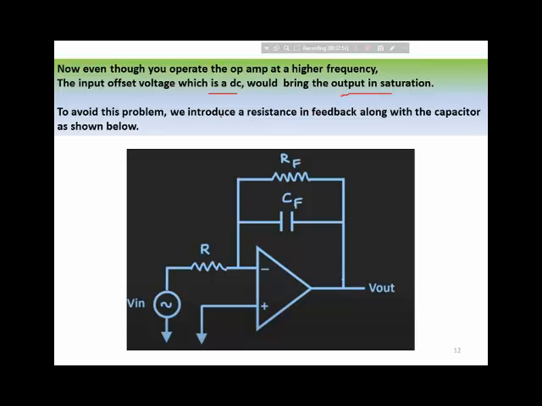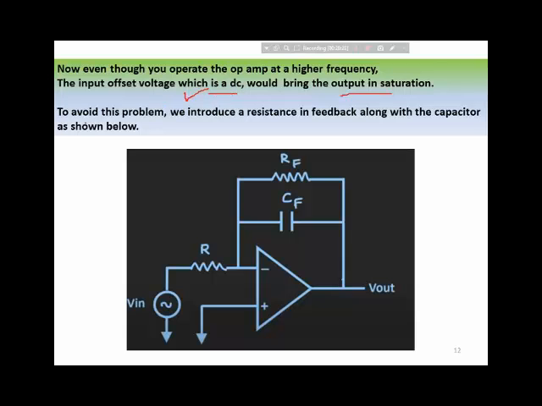So the simple integrator has a problem with any DC voltage applied at the input. The reactance of the capacitor will become infinity, and it behaves like an open circuit and the output goes into saturation.